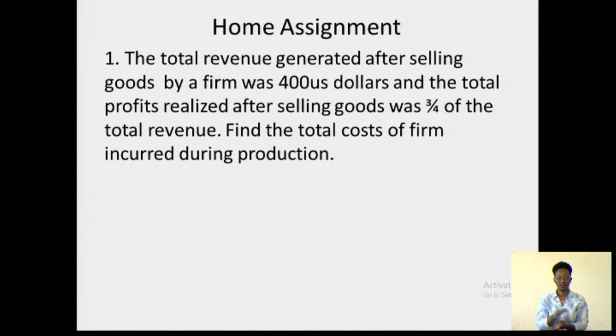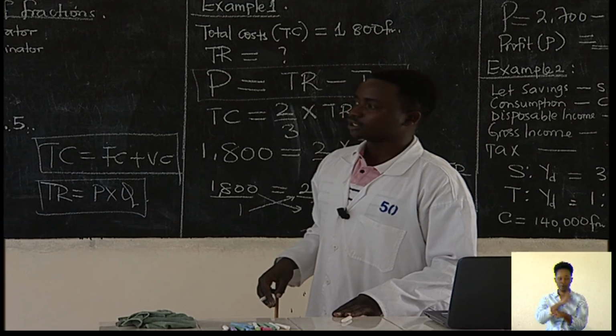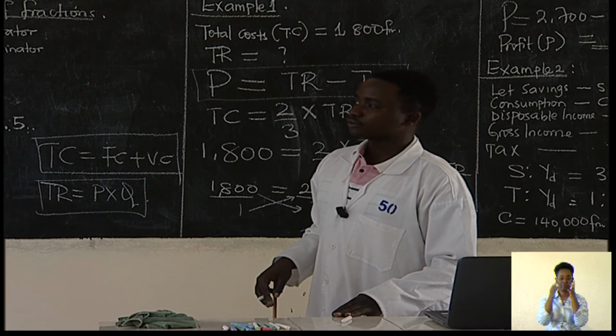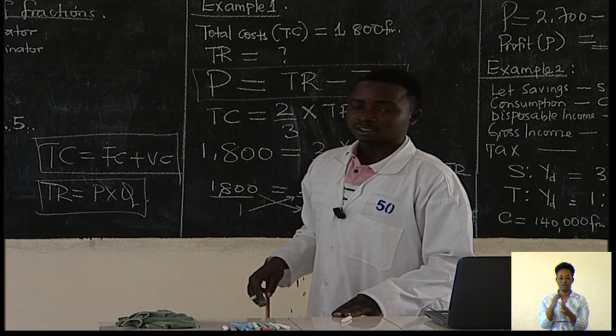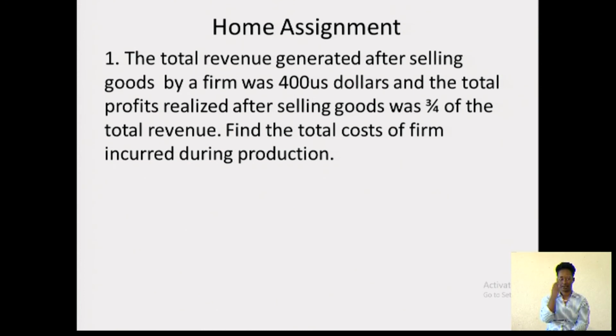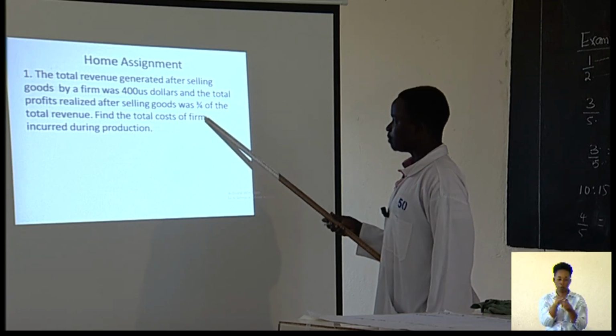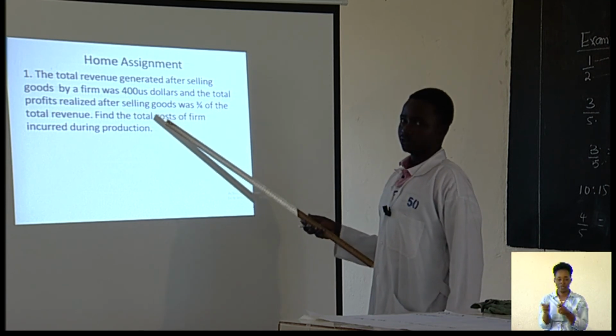The total revenue generated after selling goods by a farm was $400. And the total profits realized after selling goods was 3 out of 4, which is the same as 3/4 of the total revenue. Find the total costs of the farm incurred during production.